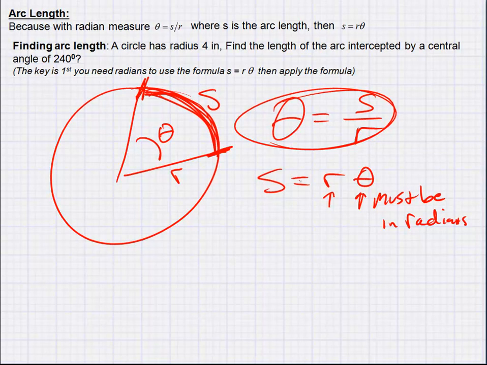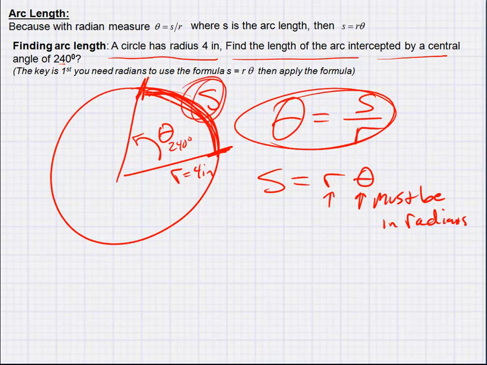So I have a circle with a radius of 4 inches. I want to find the length of the arc intercepted by the central angle, 240 degrees. If this angle right here was 240 degrees, which is not accurately drawn, with a radius of 4 inches, I need to calculate the arc length.